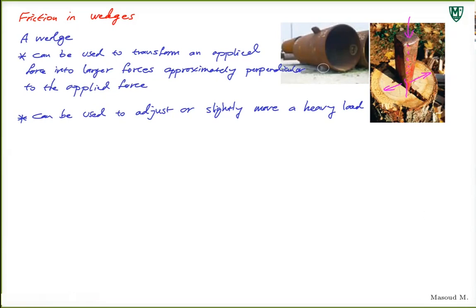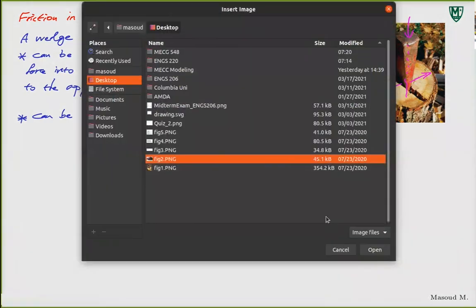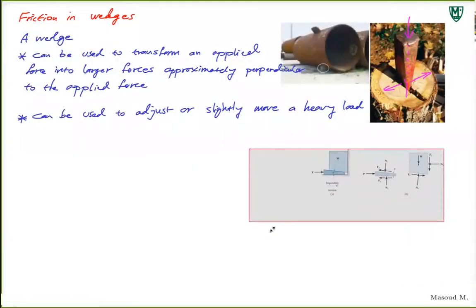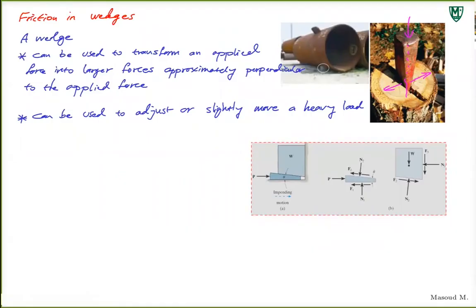So let me bring also a picture, a figure from the textbook. That's actually a very good picture. Now, I want to look at this case. We want to lift a block, say block W, so the weight is W. I'm trying to lift this block up by pushing this wedge underneath, slightly moving it up.